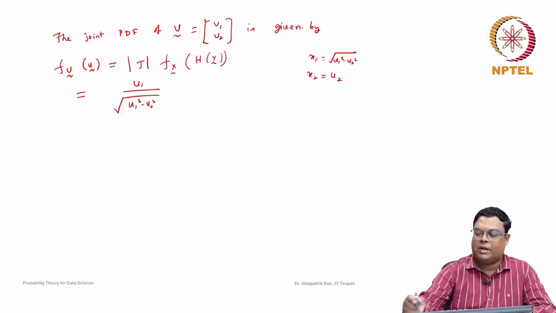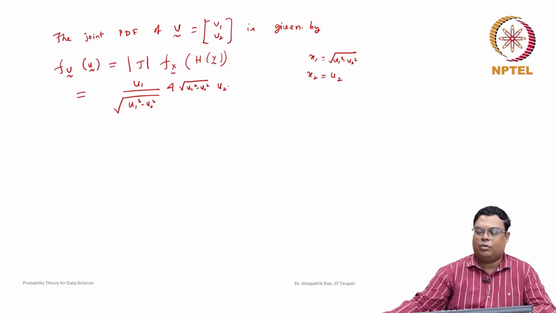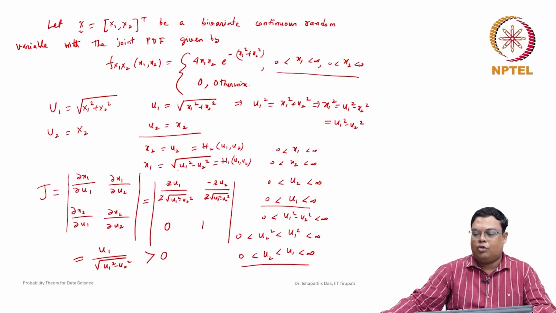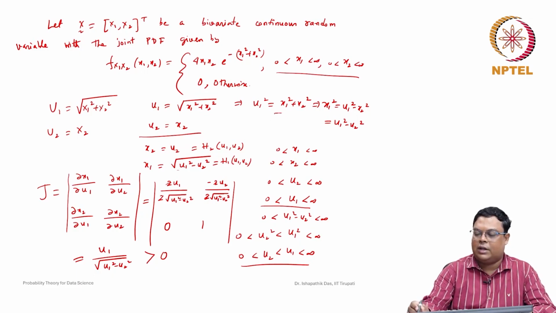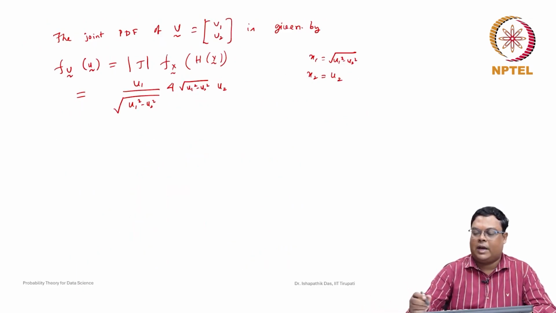Then we put this inverse here, so 4 into x1 x2, this is the root of u1 square minus u2 square into u2, and e to the power of minus x1 square plus x2 square. Root over x1 square plus x2 square is u1, so e to the power of minus u1 square.